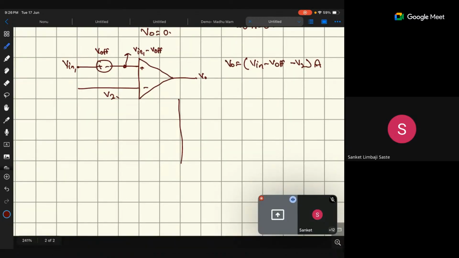Initially, if this is my V in 1 minus V2 and this is my output voltage V out, as V in 1 minus V2 increases, the output voltage also increases, and the slope of this is basically A. So I just draw this characteristic.